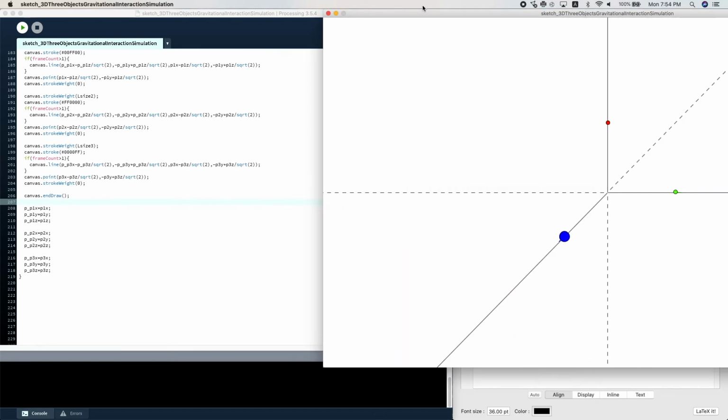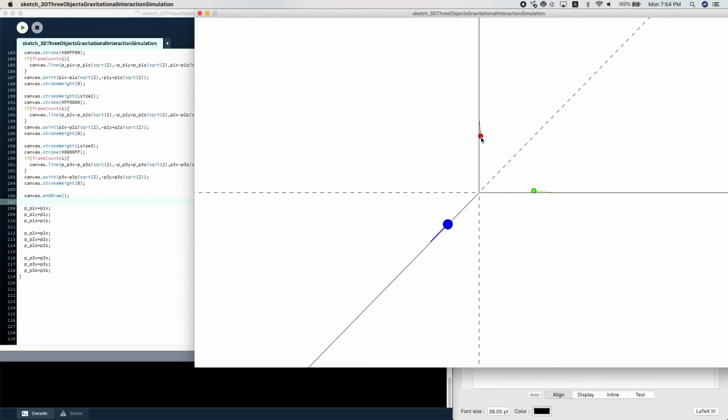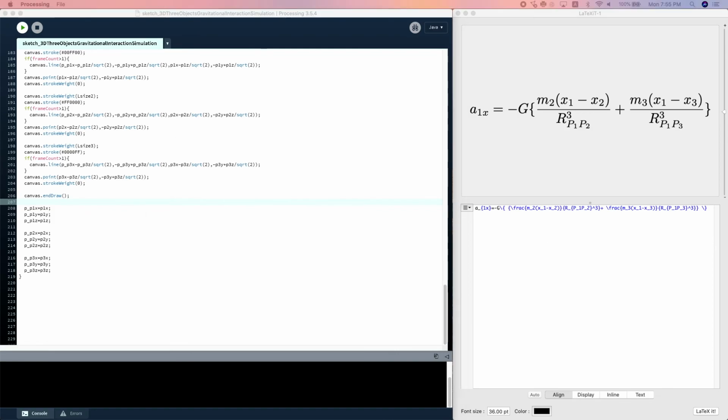So I would set a maximum acceleration value in all of them. If the acceleration value is bigger than some value, just limit it from becoming that value. So I'm just going to do that really quickly.